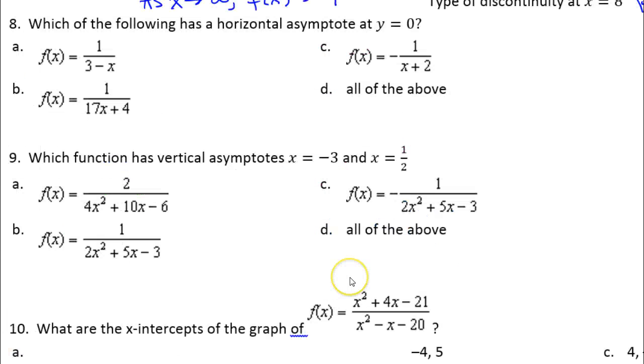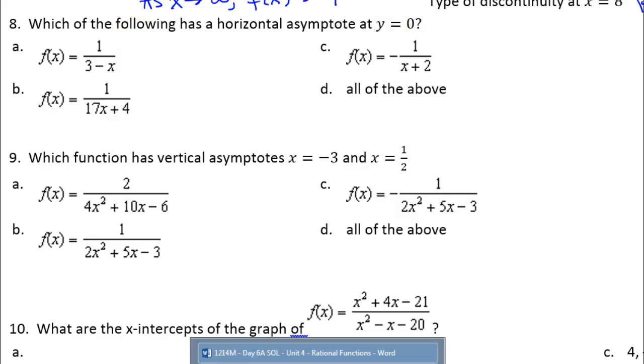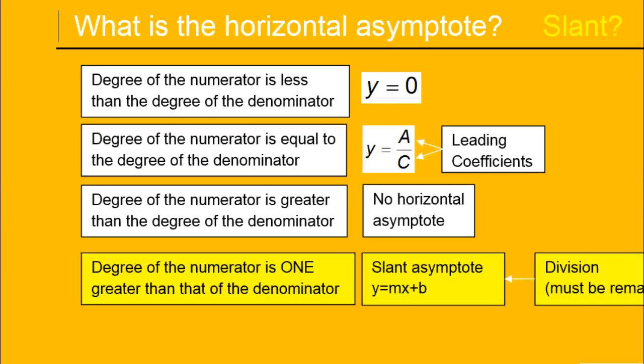All right, I know this video is getting a little bit long, but this multiple choice, I think we can wrap this up pretty quickly. Which of the following has a horizontal asymptote at y equals 0? Well, remember, we have learned that the horizontal asymptote will be y equals 0 when the degree of the numerator is less than the denominator.